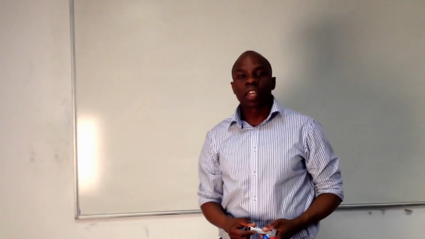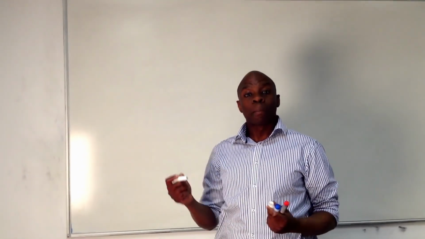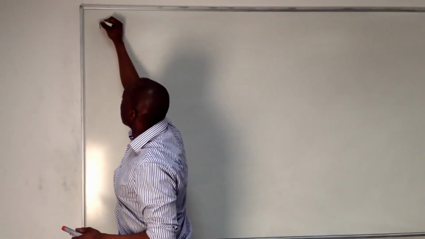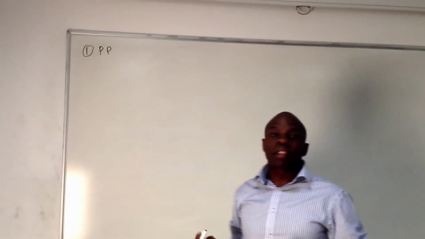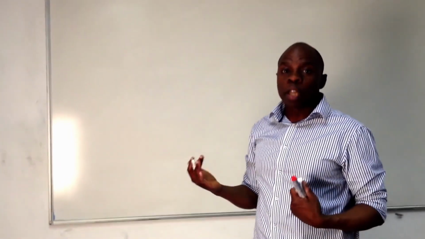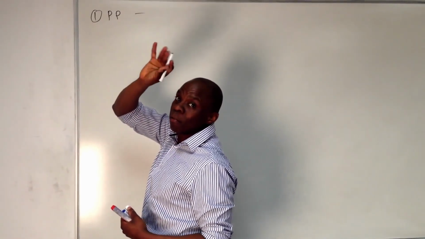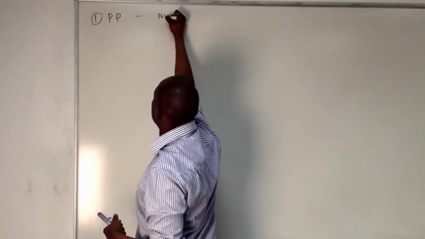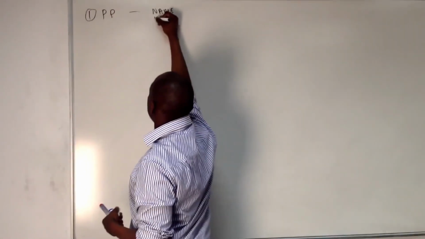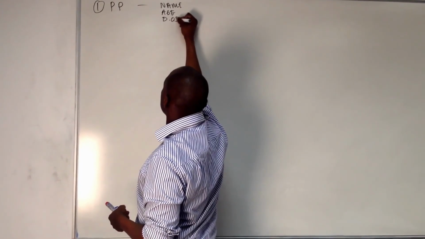So, history taking involves the Calgary-Cambridge framework, 10 easy steps, and we start off with number 1, which is PP, okay? PP stands for your patient profile. Patient profile normally takes into account the 3 identifying factors, which are an absolute must. That's the name, age, date of birth.